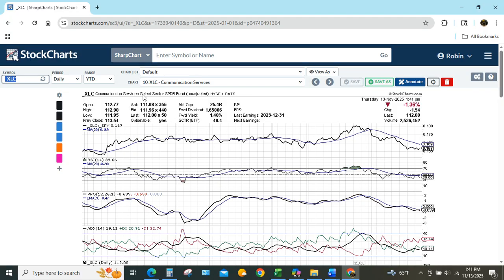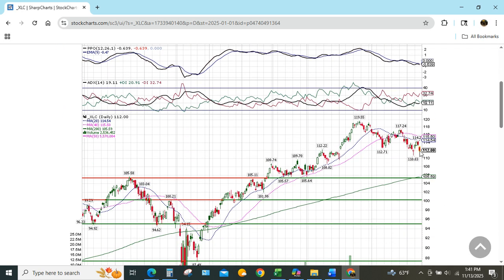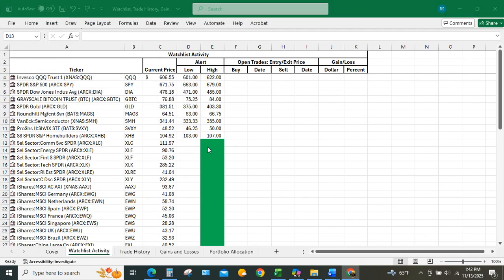But XLC, I feel like it's right around that support of 112, but it certainly could drop down. And I think next support could be at maybe 110 or 109. Let's do 109.50, see what happens.